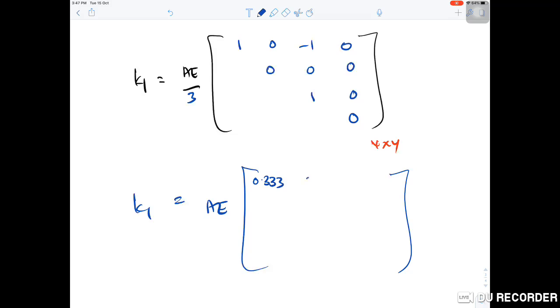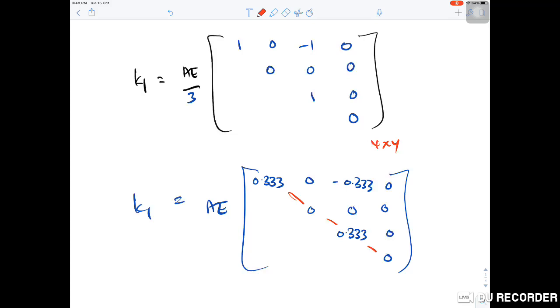So this is 0.333, this is 0, this is negative 0.333, then 0 0 0 0, and 0.333 0 0. And the matrix is symmetric. This is actually the answer, the element stiffness matrix for element number 1.